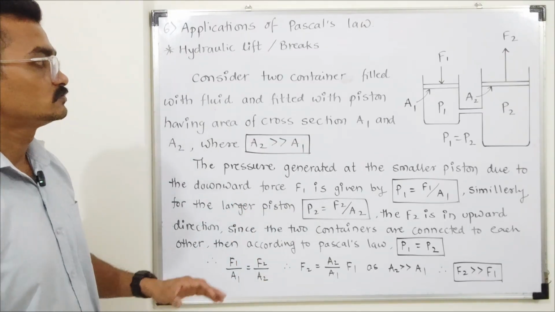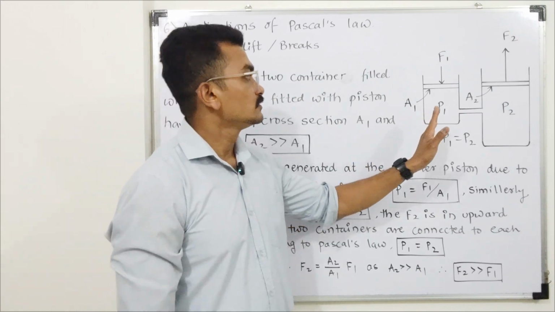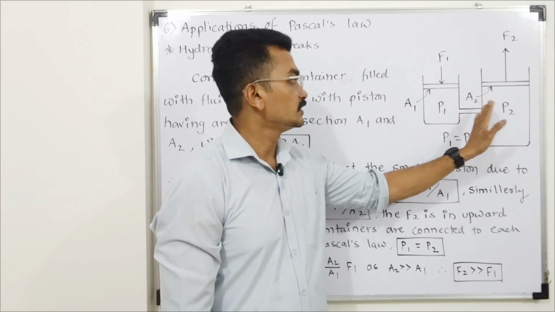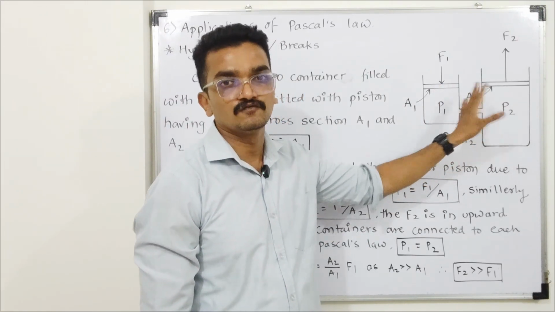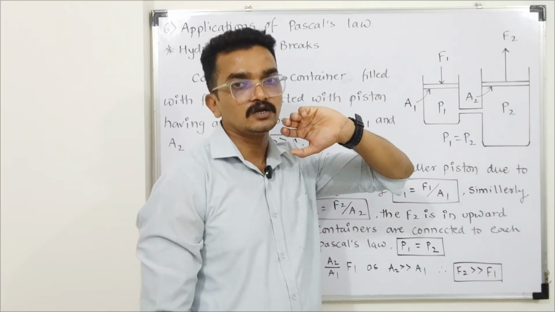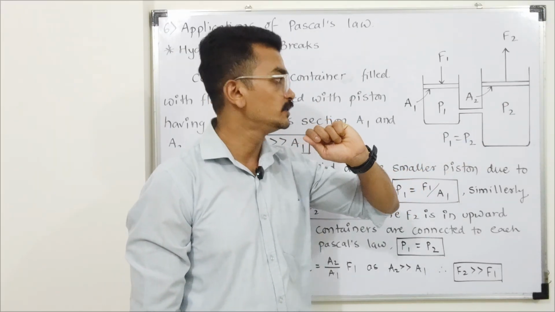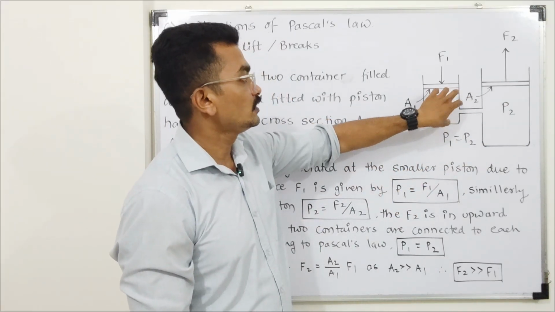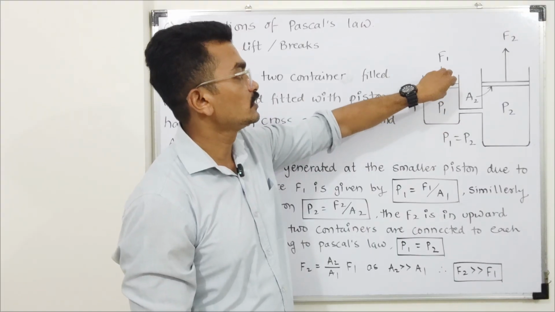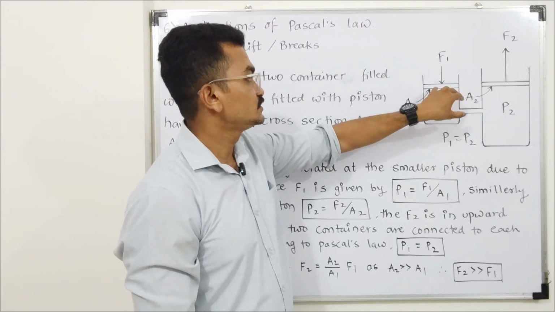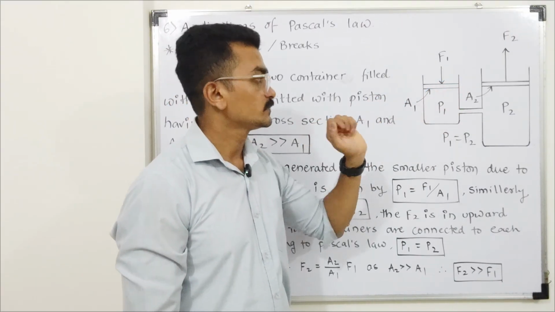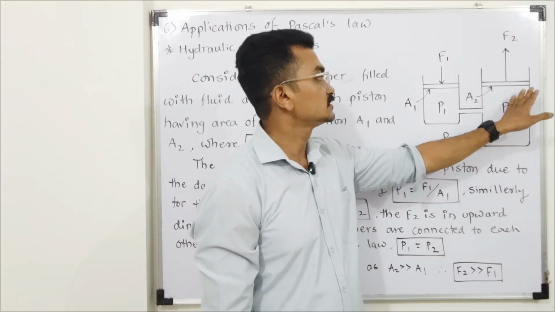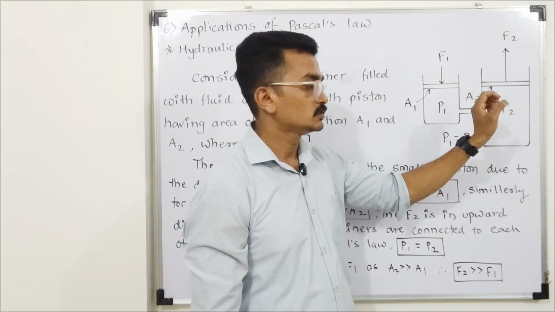So what we have here is two containers which are filled with a fluid. We call it an incompressible fluid. The smaller container is fitted with the smaller piston, which has a smaller area A1, while the larger piston has the area A2.